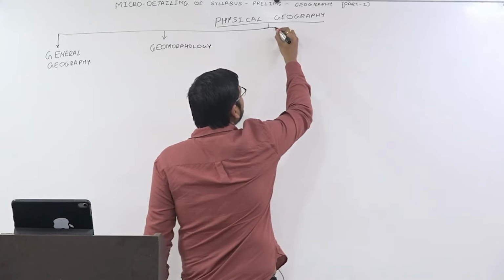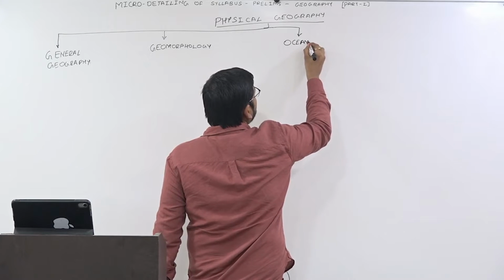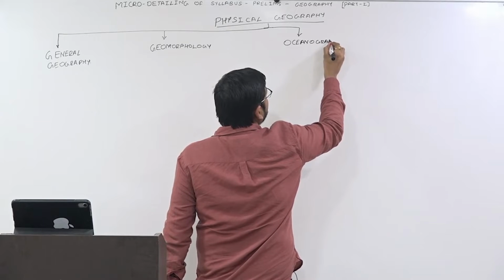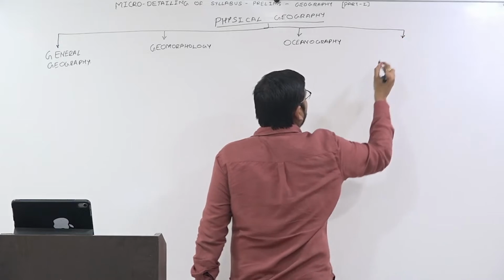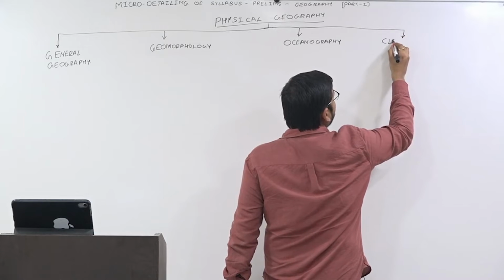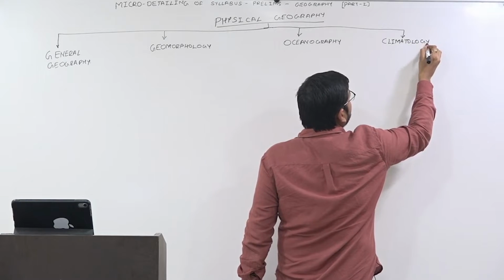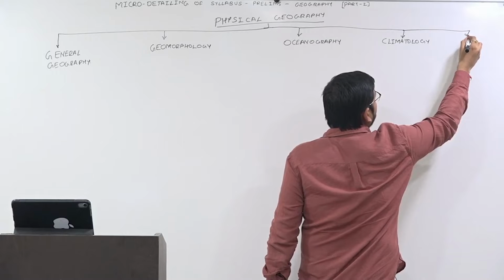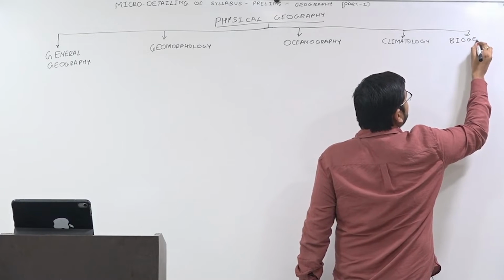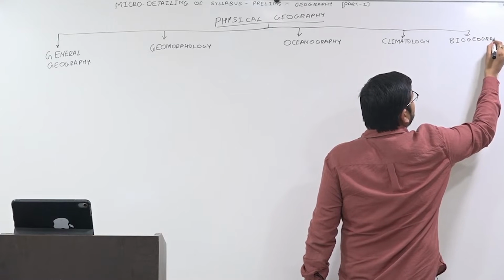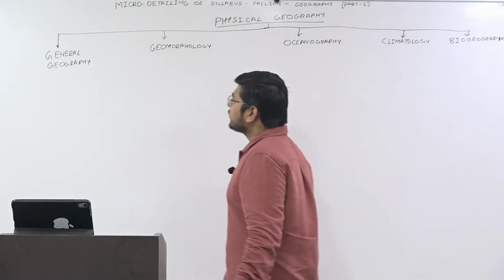Third part is oceanography. After oceanography, we have climatology. And the next part is biogeography. So these are the basic divisions.